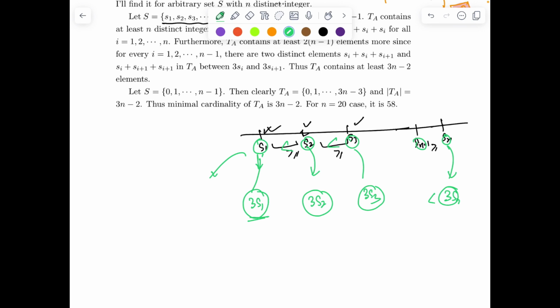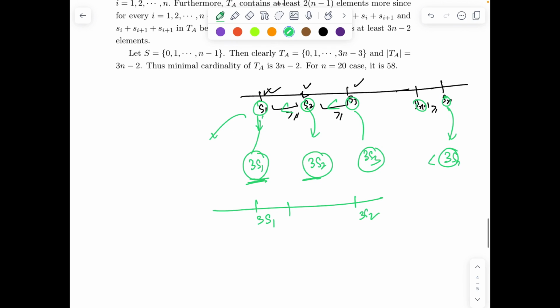And it will also contain some extra elements, because I'll also get elements between 3S1 and 3S2. That's guaranteed. Why? Because with S1 and S2, I can create S1 plus S1 plus S2, which is 2S1 plus S2, which is definitely more than 3S1 but less than 3S2. And I'll also have an element, let's say S1 plus S2 plus S2. So it is definitely less than 3S2 but more than this.